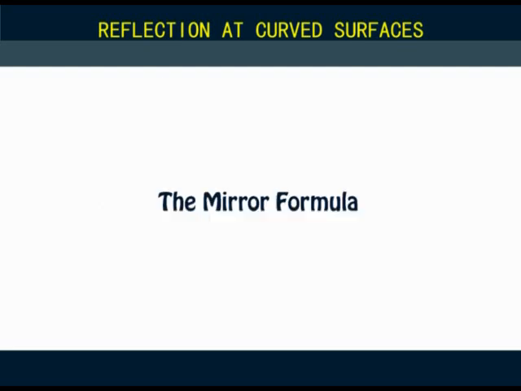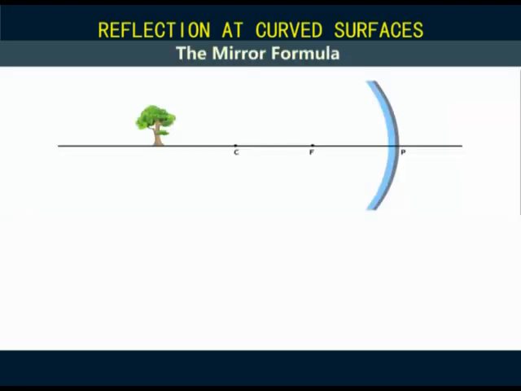The mirror formula. Now, suppose an object is placed in front of a concave mirror 30 centimeters away. The focal length of the mirror is 10 centimeters. How can we find the position of the image without construction?